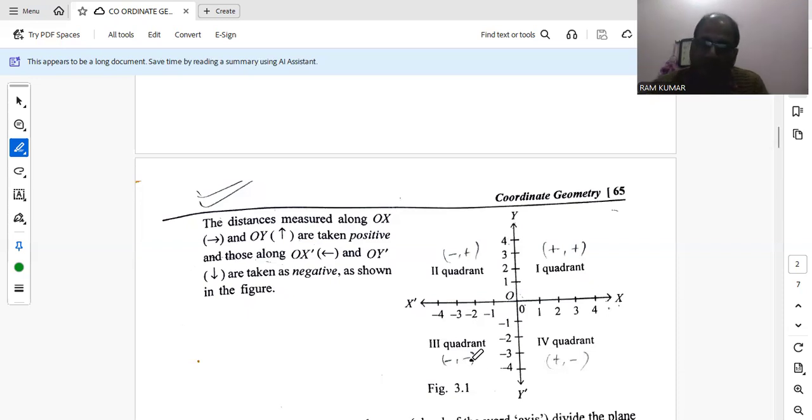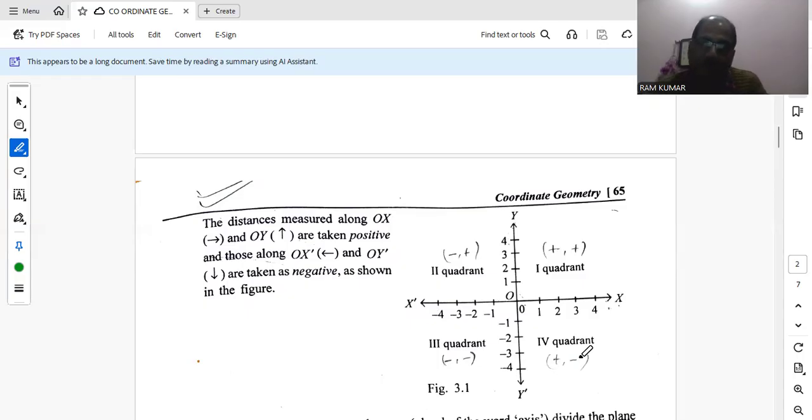If both coordinates are negative, the point lies in the third quadrant. If the x coordinate is positive and the y coordinate is negative, the point lies in the fourth quadrant. And if the coordinates of a point are 0, 0, the point lies at the origin. So by seeing the nature of the coordinates, we can decide in which quadrant the point will lie.